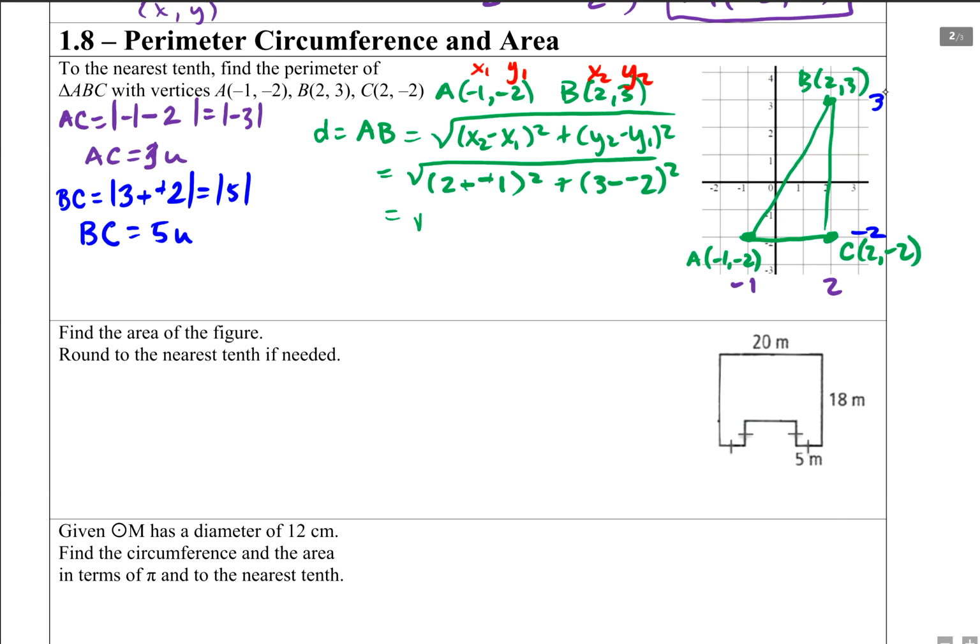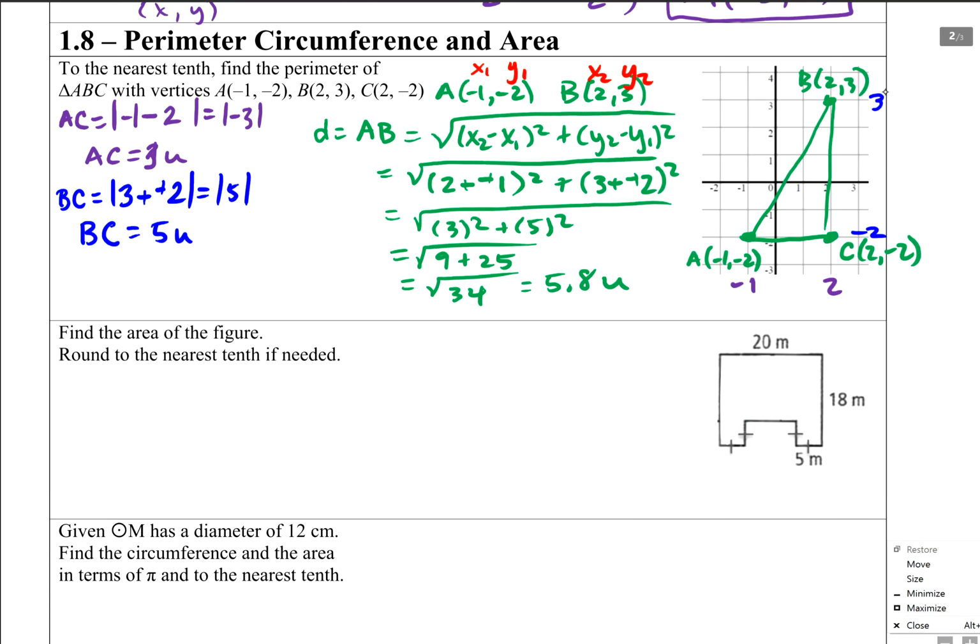These are plus plus, so that's 3 squared plus 5 squared, so that equals 9 plus 25, and that equals the square root of 34, and the square root of 34 is, if we round to the nearest tenth, 5.8 units.